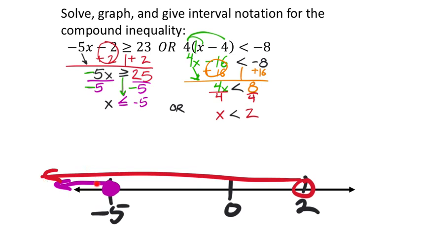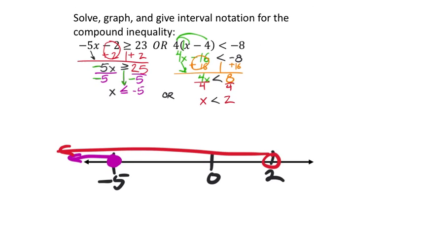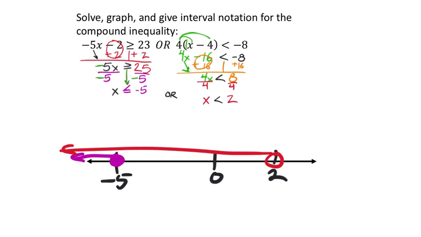So you could say, well, I'm going to go to negative 5 and then jump on the red one, and then I can go all the way to positive 2 here, and that's where it ends, right? So this interval would go all the way to negative infinity, and then it would stop at 2, which is not included, okay?